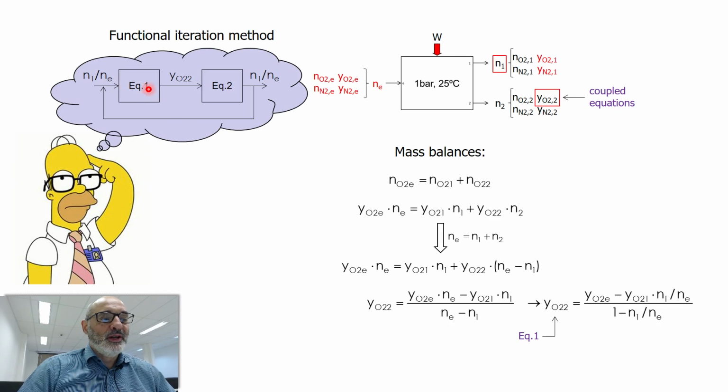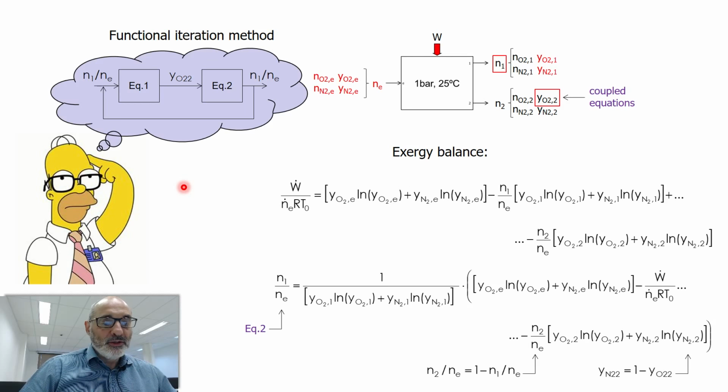This is equation 1 in the iteration diagram. Let's see equation 2. Well, equation 2 is our exergy balance, which we are manipulating in order to recalculate what we're going to estimate in equation 1.